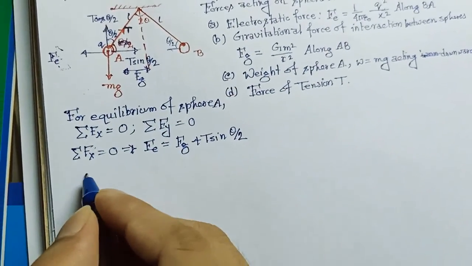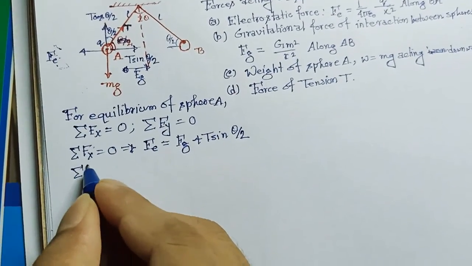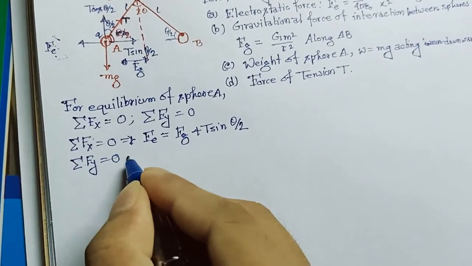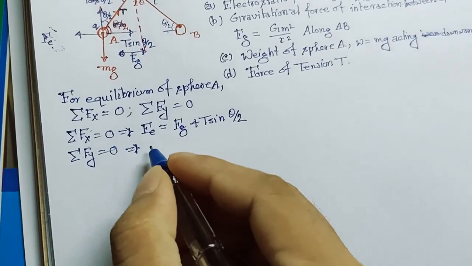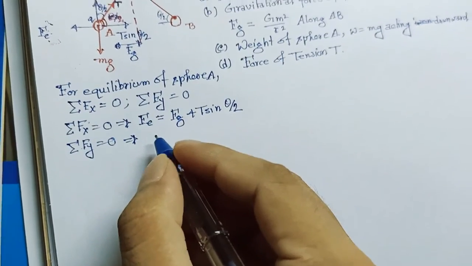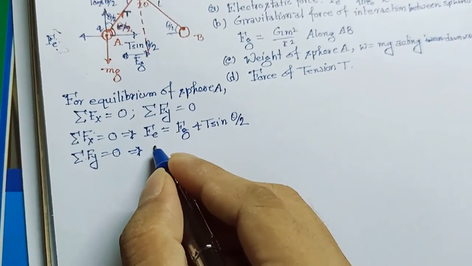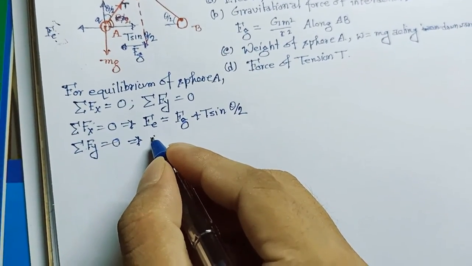From the equilibrium condition, summation of Fy equal to 0, it implies T cos theta by 2 equal to mg.